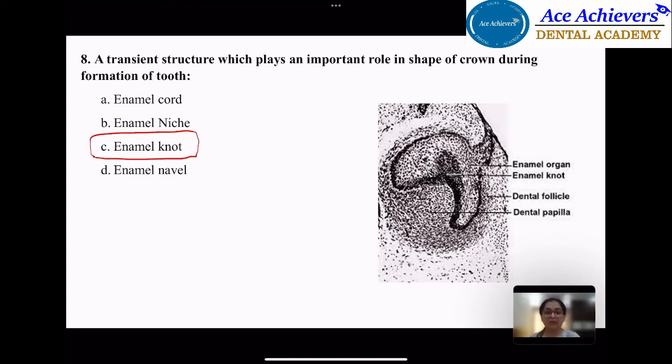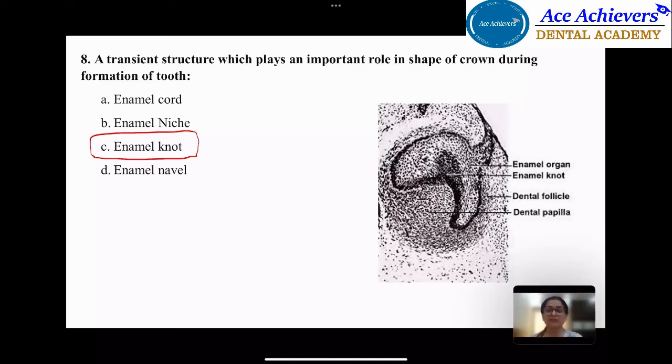So the enamel knot is a cluster of non-dividing epithelial cells which is visible in a section of the molar cap stage tooth germ. It is said to represent an organization center that orchestrates the cuspal morphogenesis, that is, it determines the shape of the cusp. How do they do it?